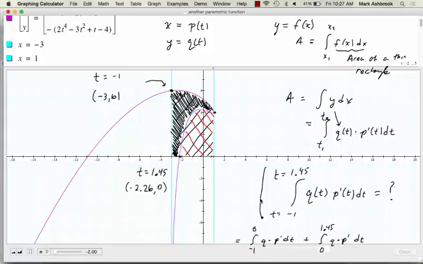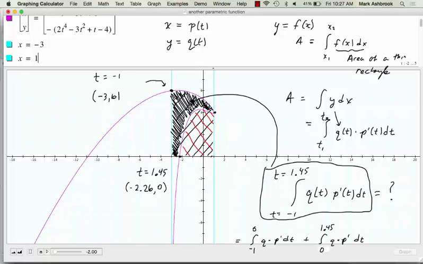So this thing will be that region there, the area of that. Okay, does it make sense?